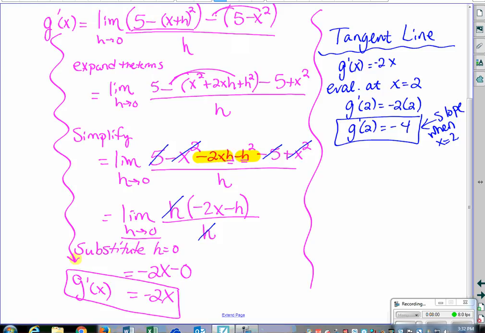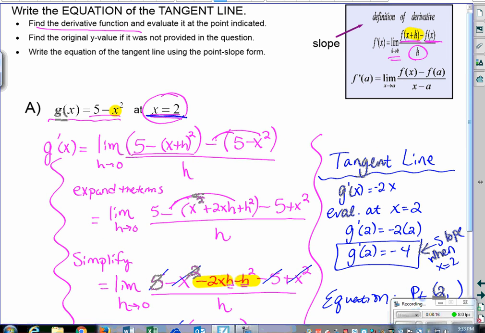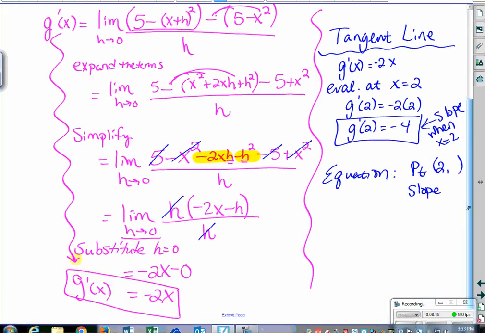Okay, when we talked about writing the equation of the tangent, I needed two things, a point and the slope. Well, the point started off as 2 comma something, right? But they didn't give us the y value. How do I find the y value? I go back to my original function. So find y.